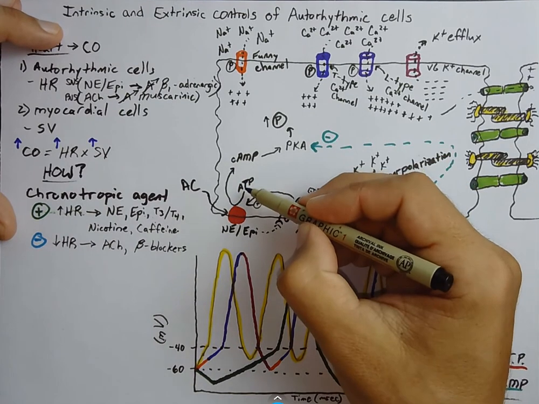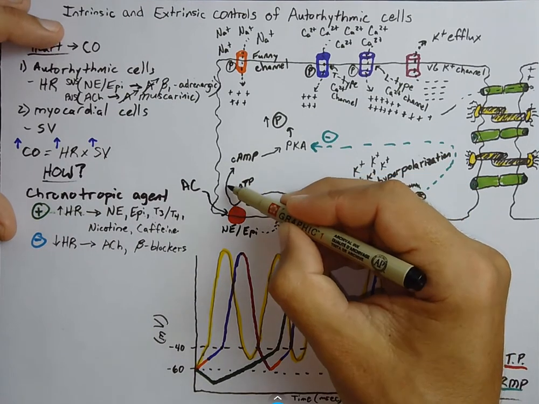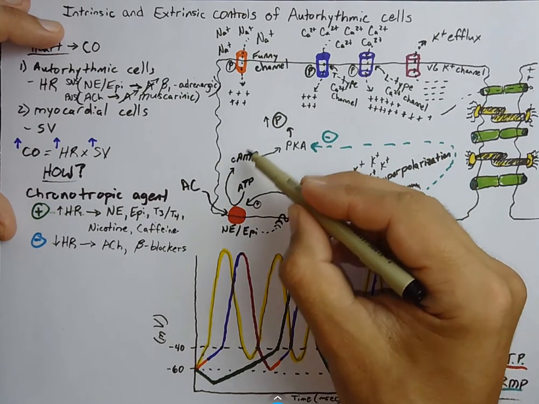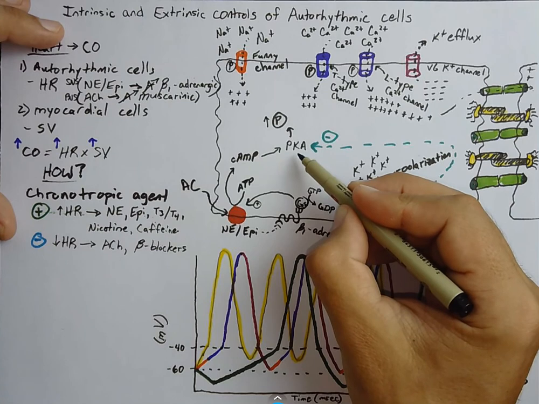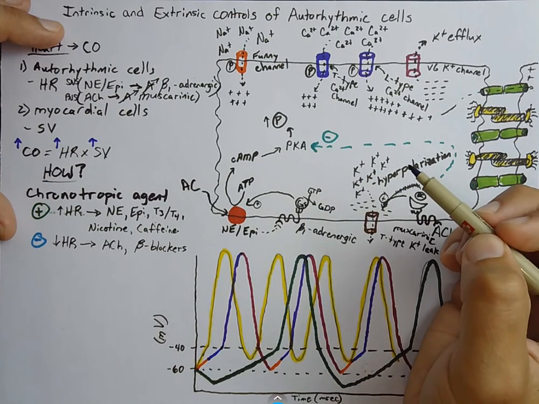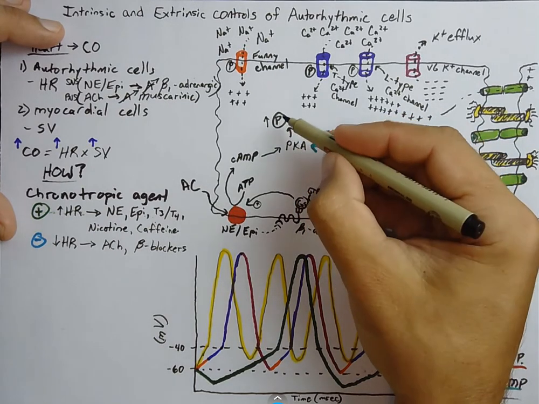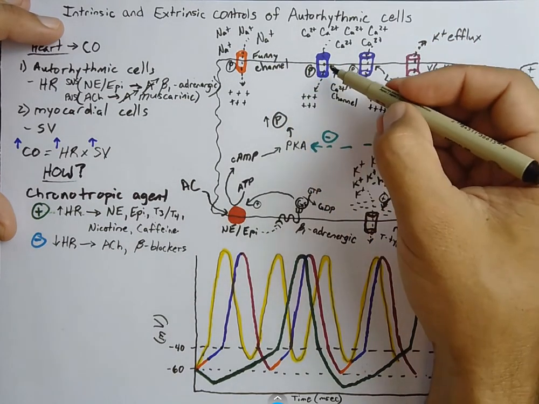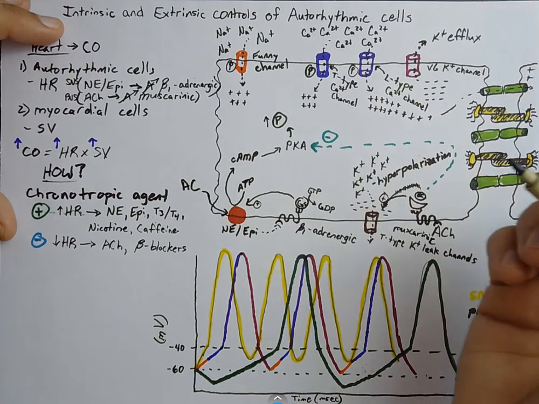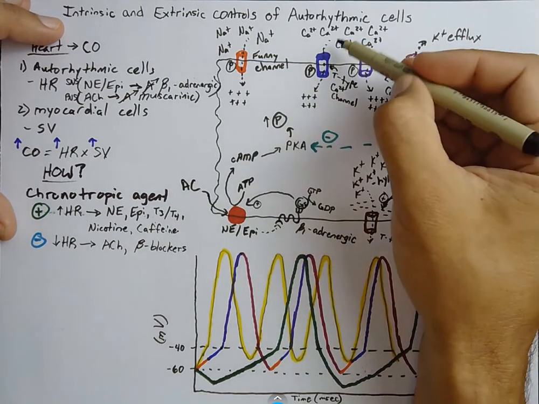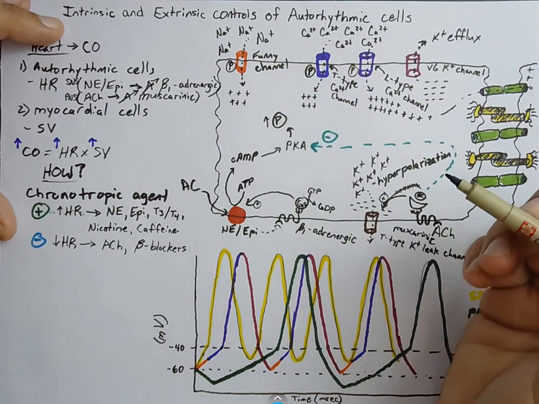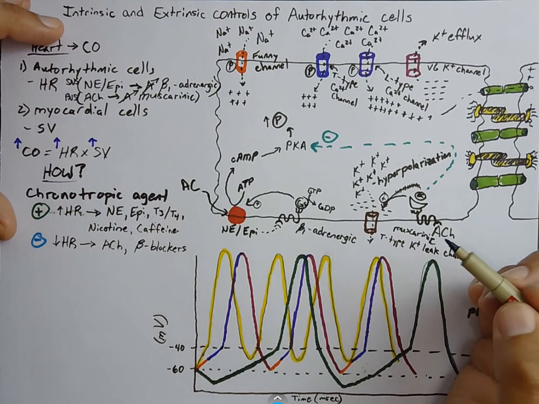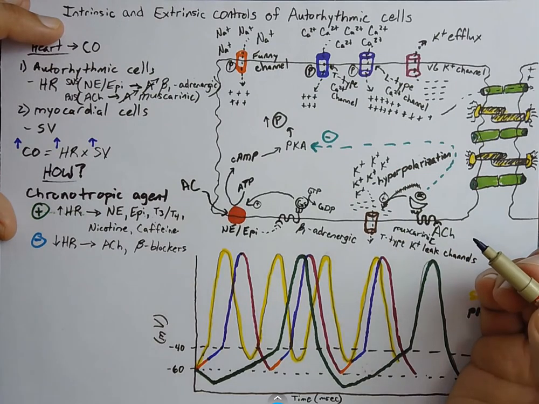Adenylate cyclase is going to increase the hydrolyzation of ATP into cyclic AMP, and cyclic AMP is the secondary messenger that is going to increase the activation of protein kinase A. Kinases phosphorylate things. It's going to phosphorylate funny channels, T-type calcium channels, even L-type calcium channels, and it's going to increase the rate that those ions can pass into the cell. Therefore, it's going to end up increasing the rate of depolarization.